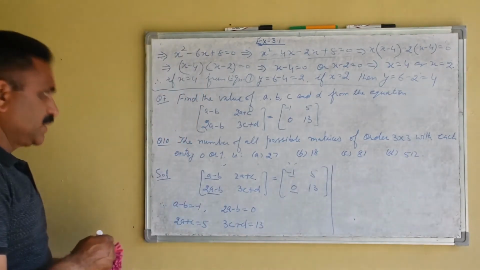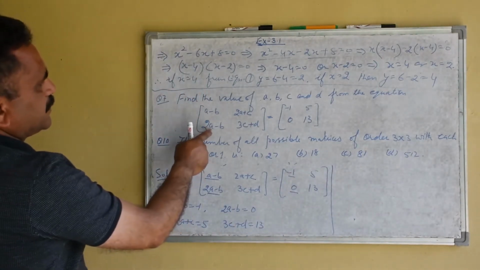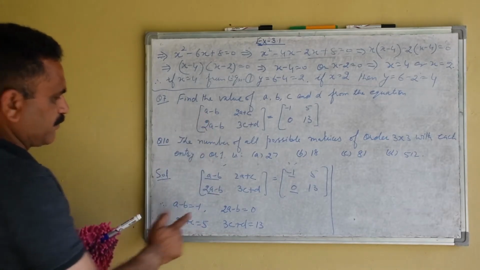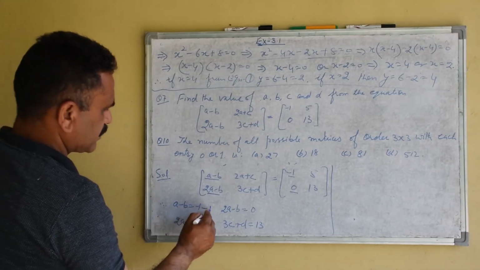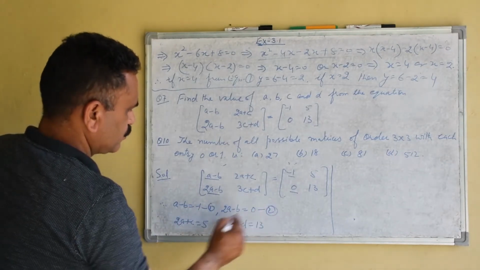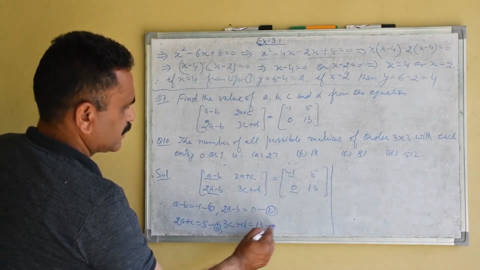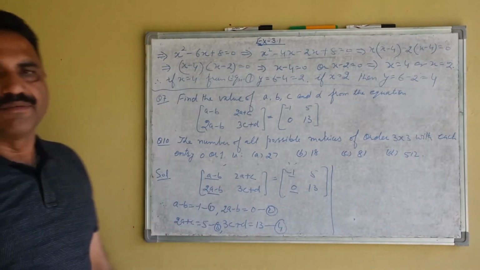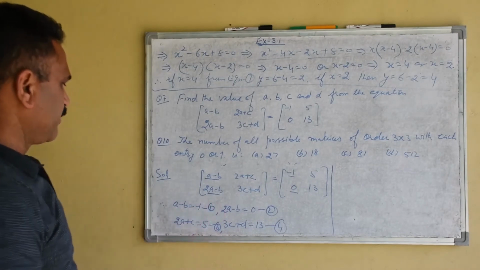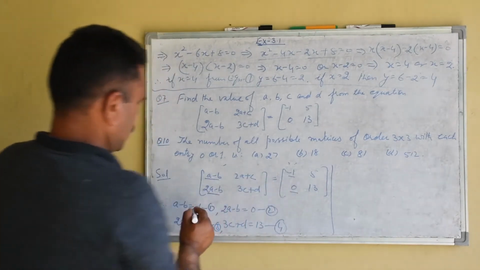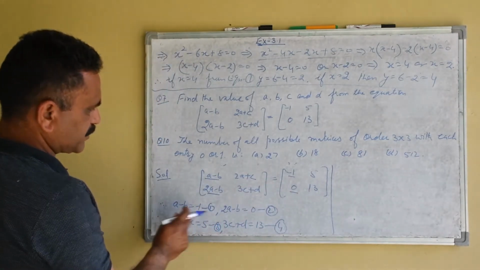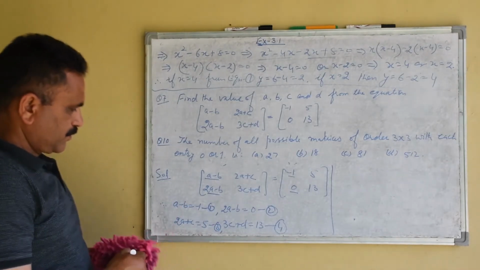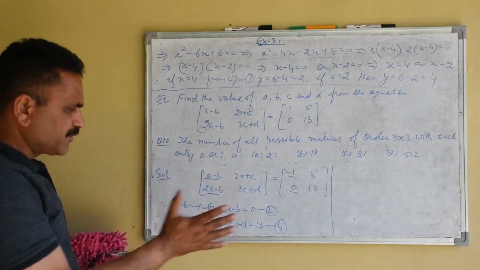Now, by these equations, we can number them as equation 1, 2, 3, 4. So from 1 and 2, we can get the values of a and b, by eliminating the coefficients.